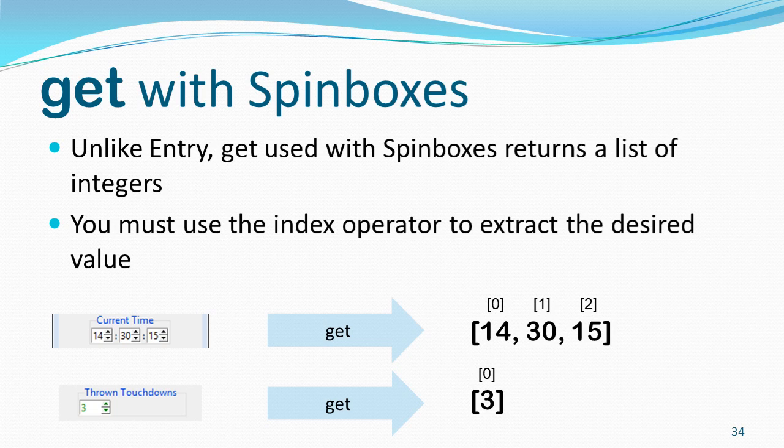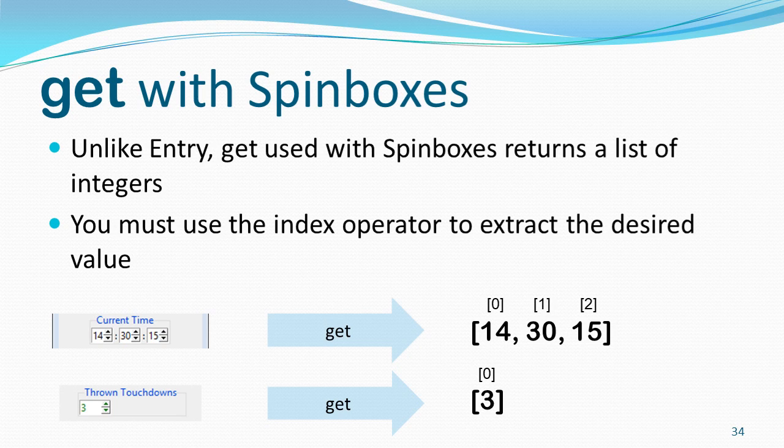Unlike entry, when you use get with spinboxes, it returns a list of integers. So rather than convert the results to an integer, you have to use the index operator to get the particular integer you want.